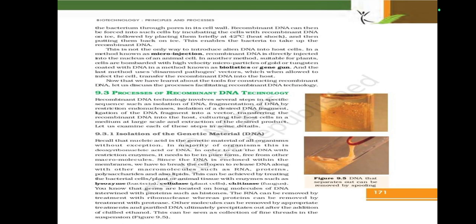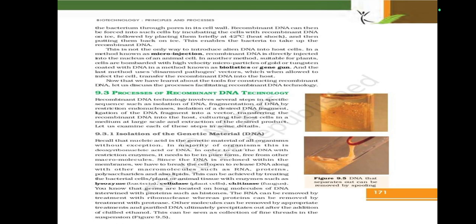Recombinant DNA can then be forced into such cells by incubating the cells with recombinant DNA on ice, followed by placing them briefly at 42 degrees Celsius, heat shock, and then putting them back on ice. This enables the bacteria to take up the recombinant DNA.